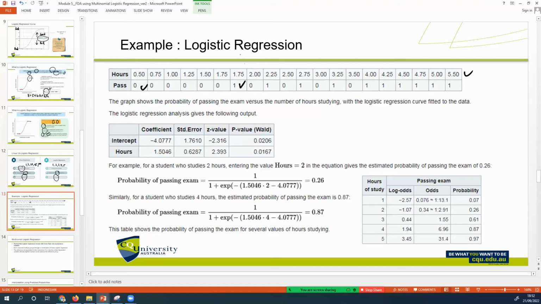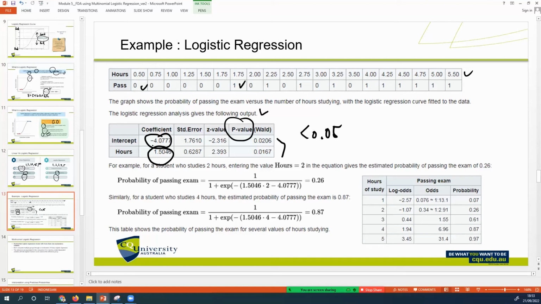So when we conduct the logistic regression, let's say this is the output. We see from the p-value whether this is significant or not. It is considered significant if it is below 0.05. So it is all significant, and this is the constant, and this is the beta, the coefficient.